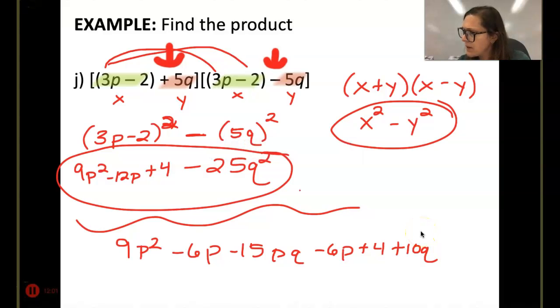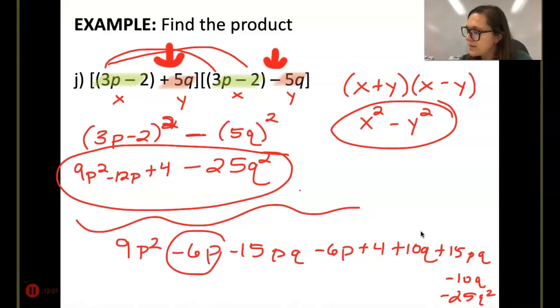The 5q, is that where I was at? 5q to the 3p would be 15pq, 5q to negative 2, so negative 10q, and then we get negative 25q squared. And then combine all those like terms. So 9p squared doesn't have anything to combine with. I have a negative 6p combining with a negative 6p. That's where that negative 12p would come from, right?